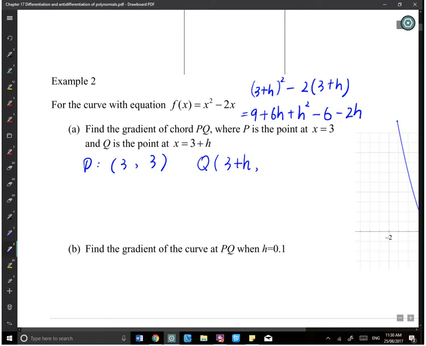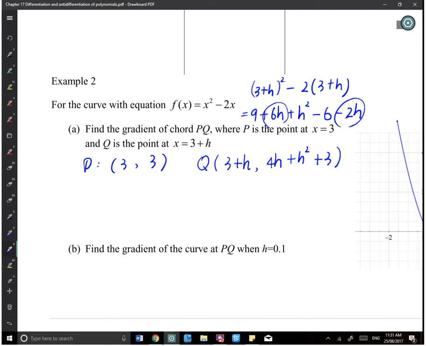So what I have is 4h plus h squared plus 3. Okay, if I simplify that, 6h minus 2h is 4h, plus h squared, and then 9 minus 6 is 3.